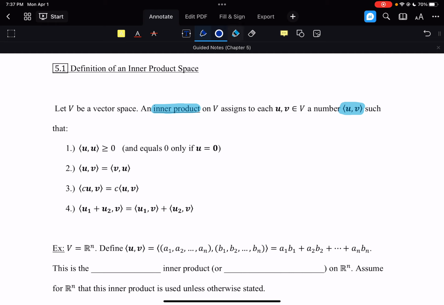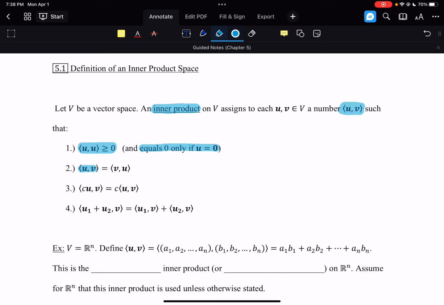So an inner product assigns to each pair of vectors in the vector space a number such that the following four properties all hold. The inner product of a vector with itself should always be greater than or equal to 0, and equals 0 only if the vector itself is 0.